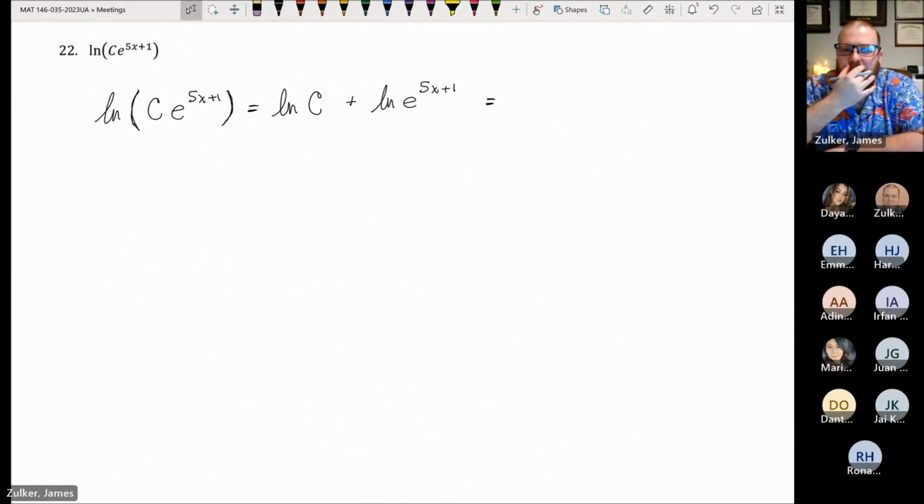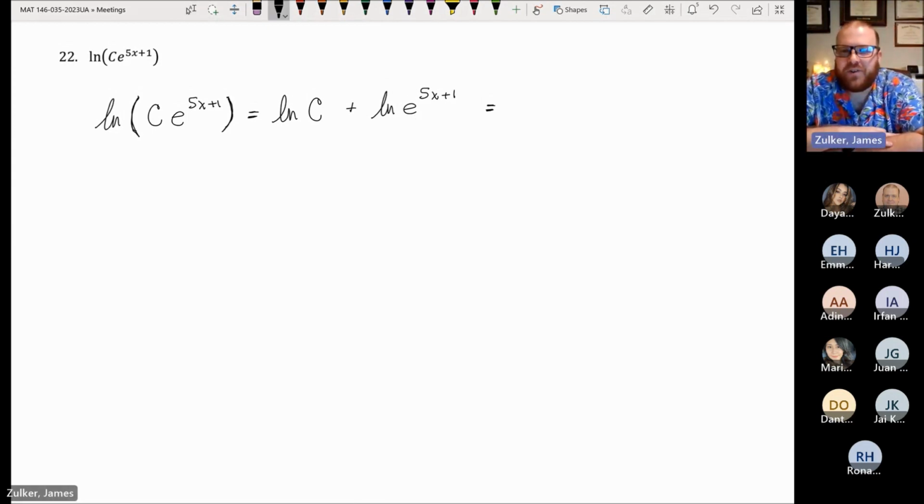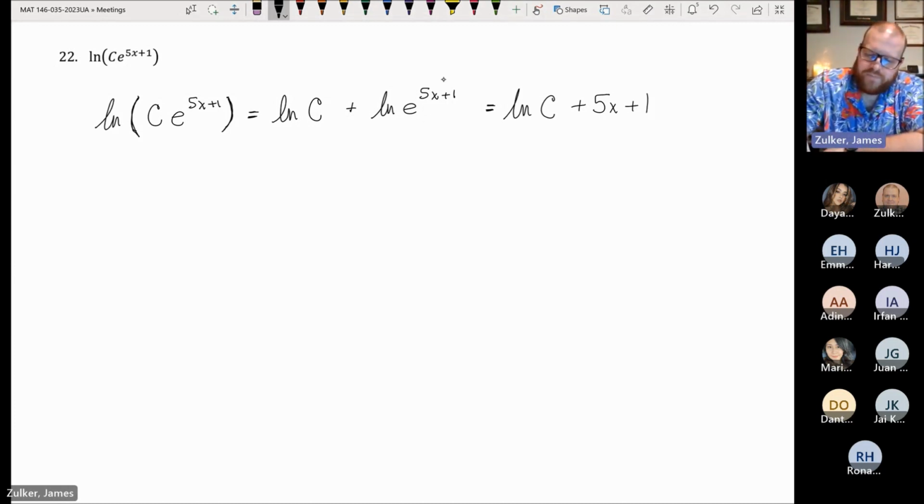Right, so remember, it is, right? Because natural log is base e. The log and the exponential are inverses. Right, so what you're going to be left with here is just the power, 5x plus 1.